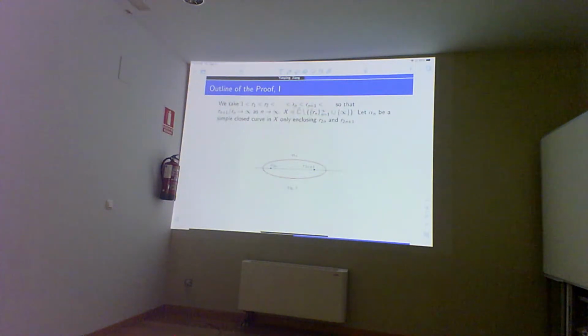So you take X as the infinite point set in the Riemann sphere, and you have infinitely many punctures, each puncture at a far distance. Now you draw simple closed curves, each enclosing only R_2n and R_2n+1, in the Riemann sphere.